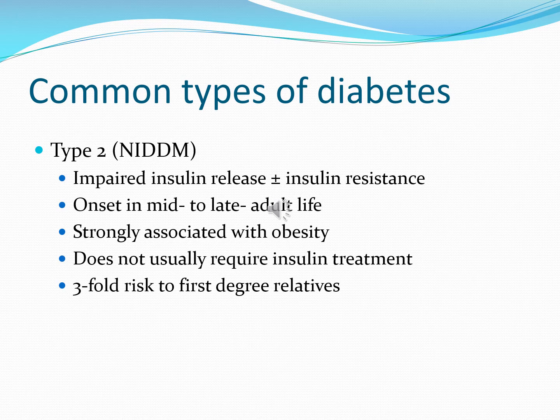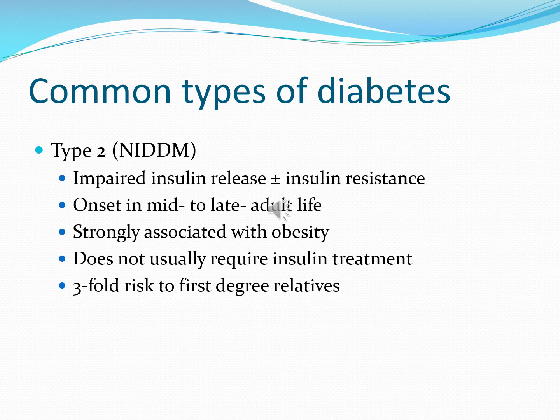So impaired insulin release with or without insulin resistance. The onset is often in mid to late adult life. However, speaking from my own practice, we do have several teenage patients with type 2 diabetes, and with the changing in diets, it's becoming more common in younger people as well.